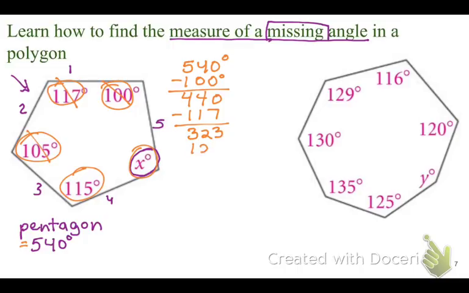Take away 105, left with 218. Take away 115, and I am left with 103 degrees. So when you take away all these 4 that you know, you subtract them from 540, you know x is equal to 103 degrees. Okay, pretty simple, huh?